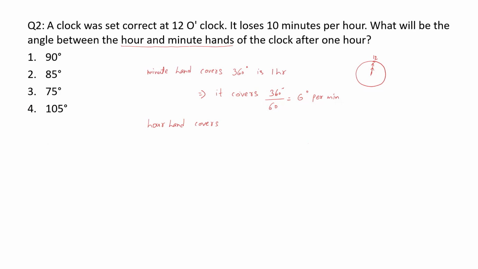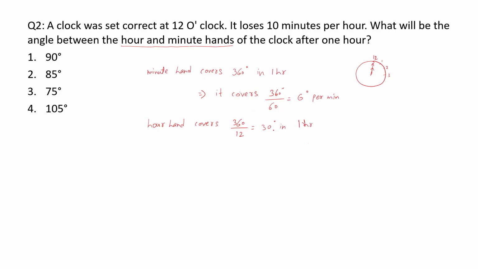It just goes from this point to the next point. Let's say here you have written 1, here you have 2, here you have 3. So it just takes this much, right? What is this much? If you divide 360 degrees into 12, this is 1/12th part of 360, that is 360 upon 12, which is 30 degrees in 1 hour, isn't it?